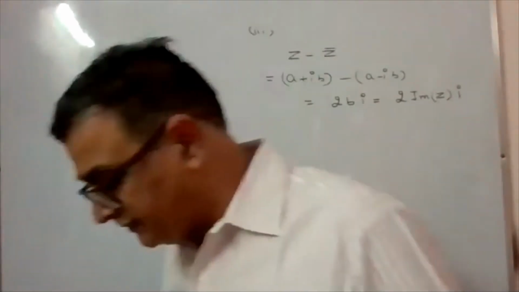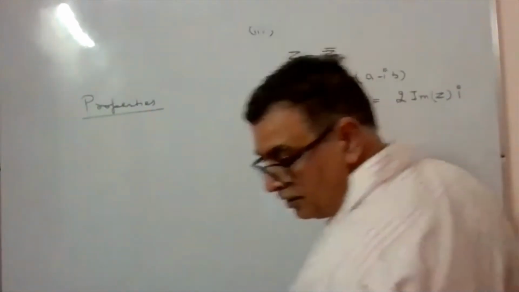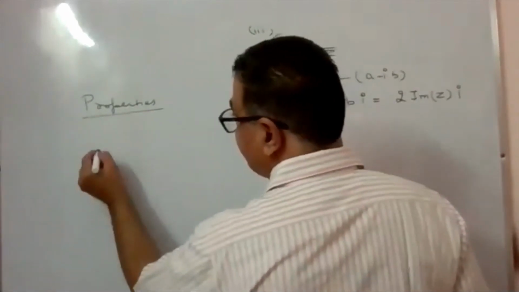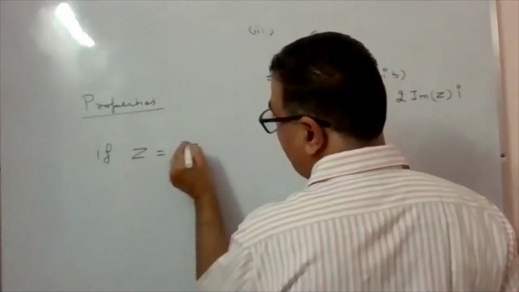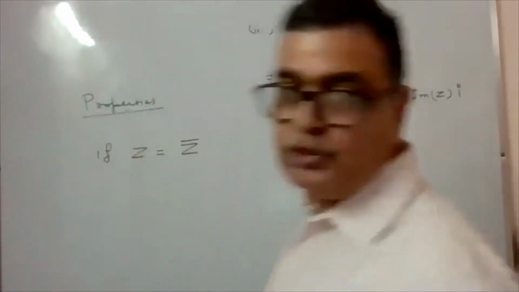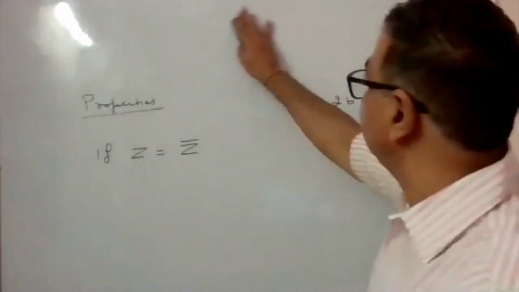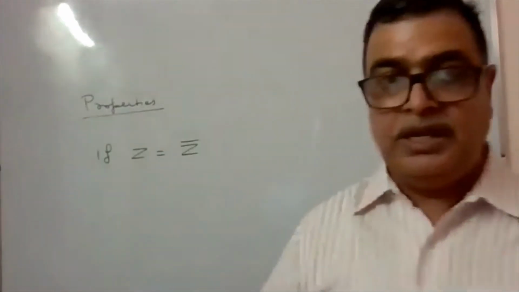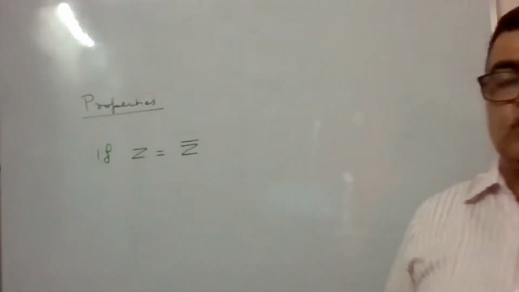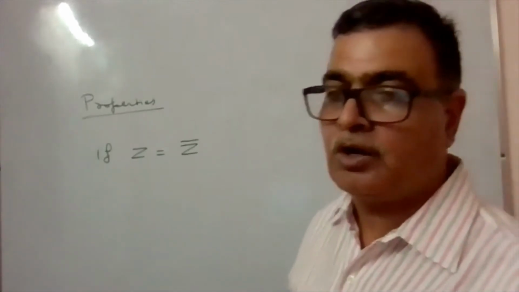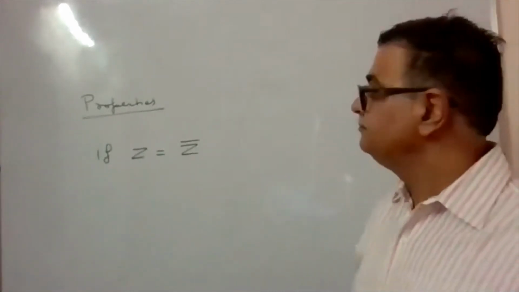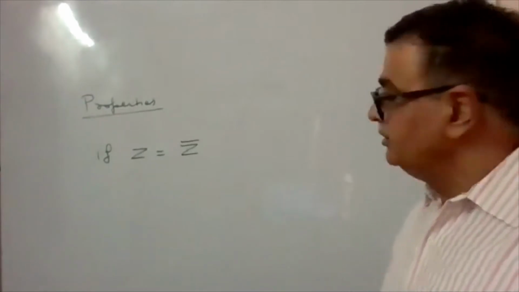Next property, please. Next property says that if we have Z equal to Z bar, what should you say about your complex number? Just check here.